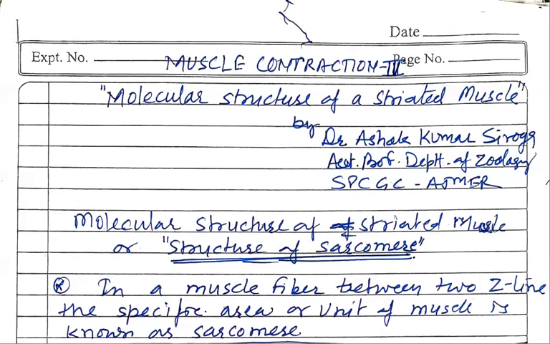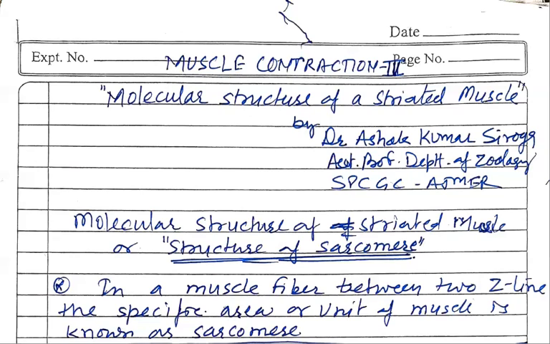The molecular structure of striated muscles. We can study this as the structure of the sarcomere, because the sarcomere is a unit of the striated muscles.